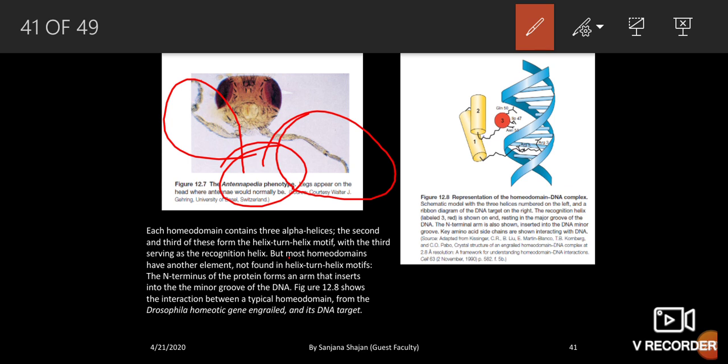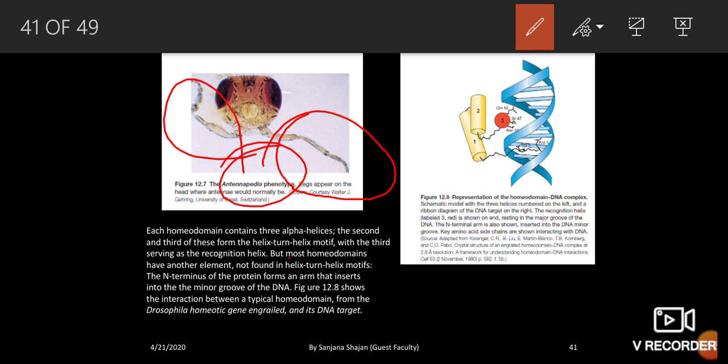The second and the third form the helix turn helix motif, and the third forms the recognition helix. It also has an N terminal which will go and bind to the minor groove of the DNA.